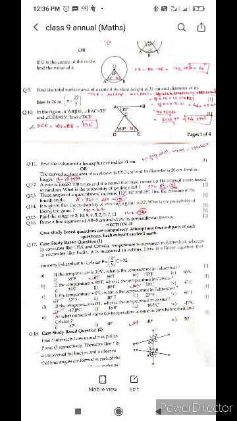Now question number 10. In the figure, AB is parallel to CD, so angle BAE will be equal to angle AED because they are alternate interior angles, 35 degree each.